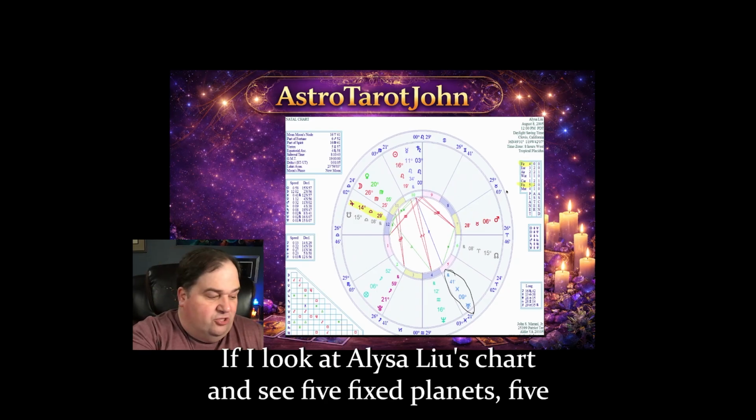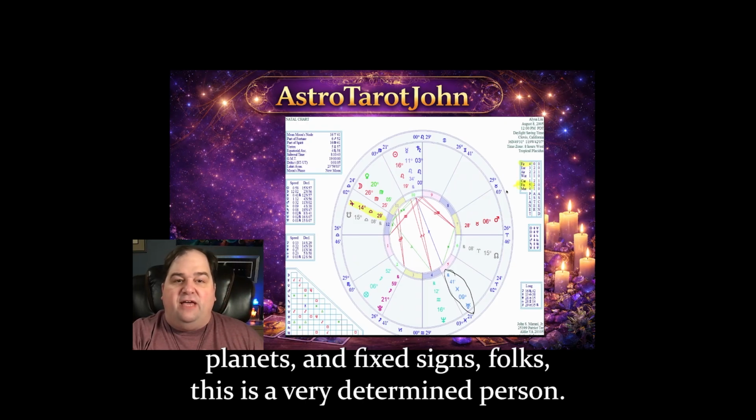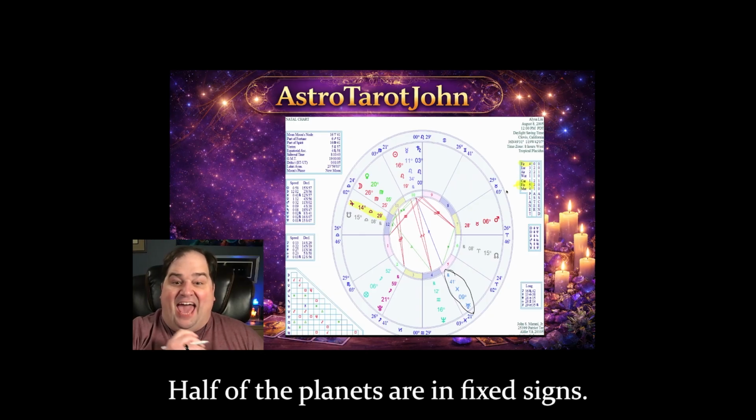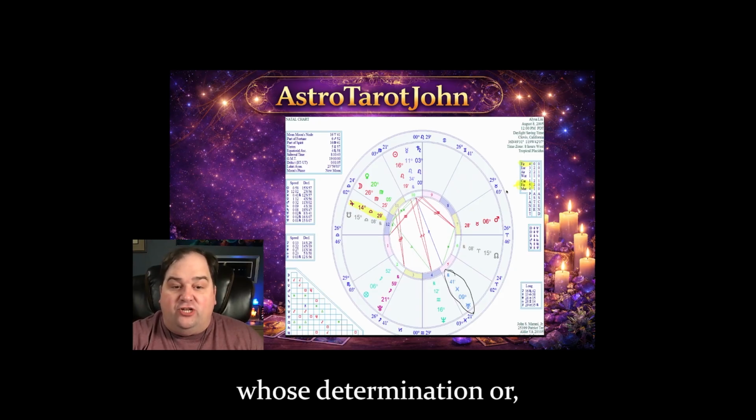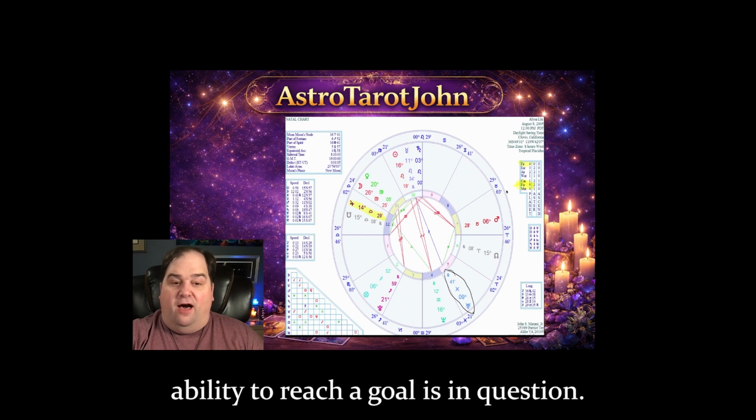If I look at Alysa Liu's chart and see 5 fixed planets, 5 planets in fixed signs, folks, this is a very determined person. Half of the planets are in fixed signs. This is not a person whose determination or ability to reach a goal is in question.